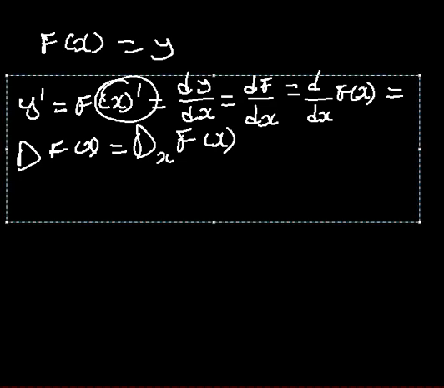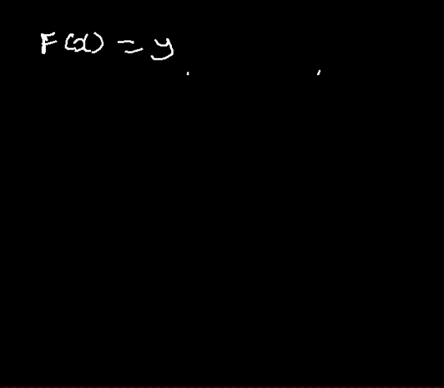So what if the function is differentiated, let's say, twice? That is the higher order derivative. So how should you write the notations corresponding to the higher order derivative? If the function is to be differentiated twice, we'll have y double prime, which is the same as f double prime of x.